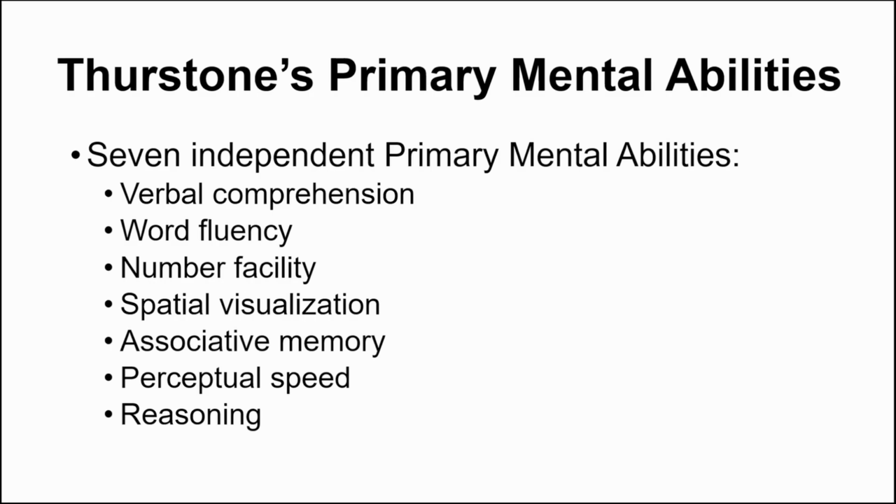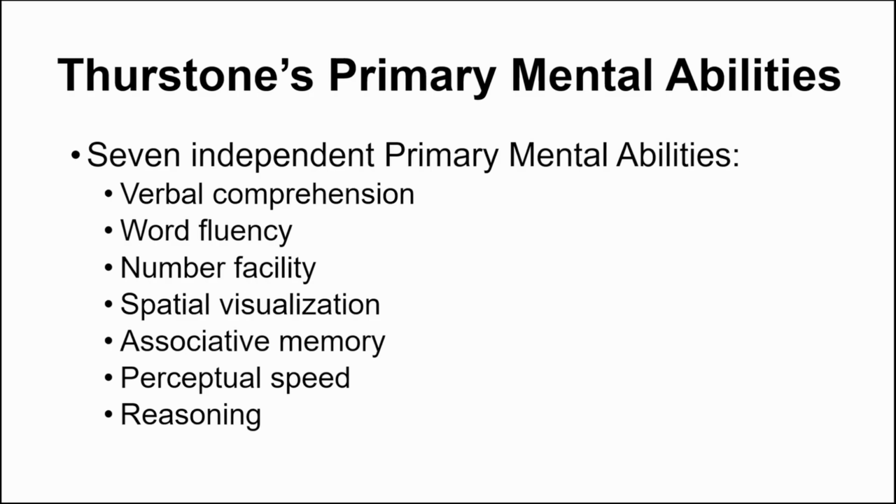So, just a little bit of that disclaimer before we get into Thurstone and his 7 independent primary mental abilities. This is what he had proposed even before his work was integrated with Spearman, whose name, for whatever reason, I keep forgetting. Before we got into that 3-level hierarchy, he had proposed these as his primary mental abilities.